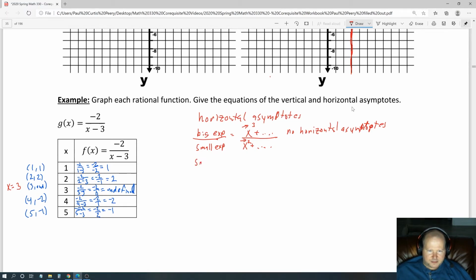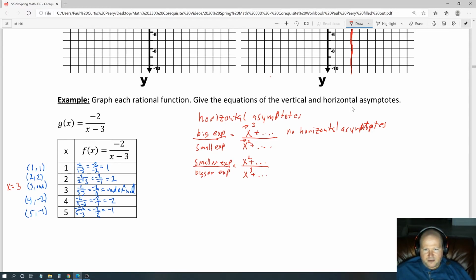What if we have a smaller exponent on the top and we have a bigger, these are really technical terms, bigger exponent on the bottom? Okay? So for instance, what if we just flip the previous one? What if we say x squared on top plus I don't care, and then we have an x cubed on the bottom plus, or minus, I don't care, it doesn't matter at that point.